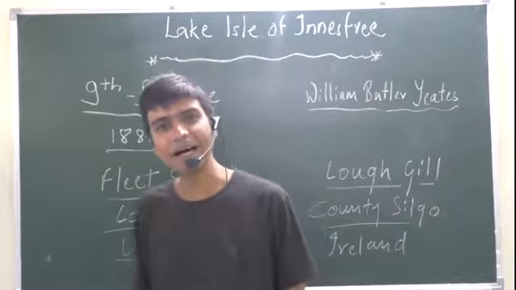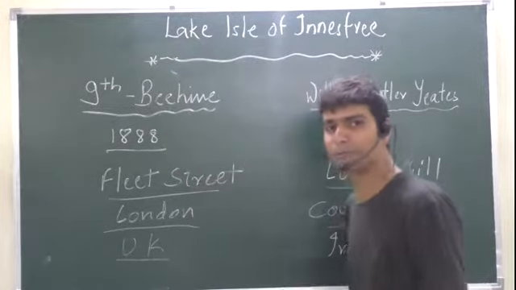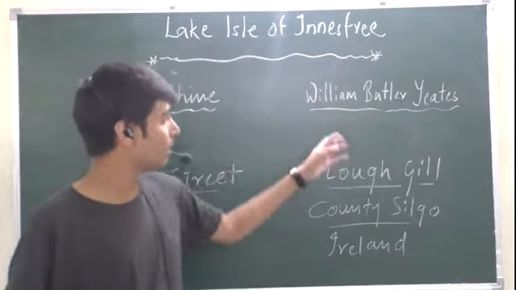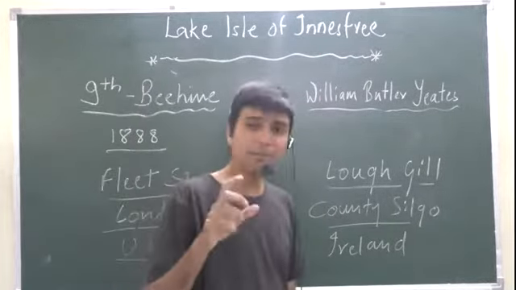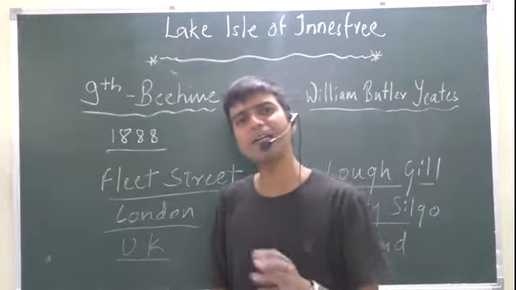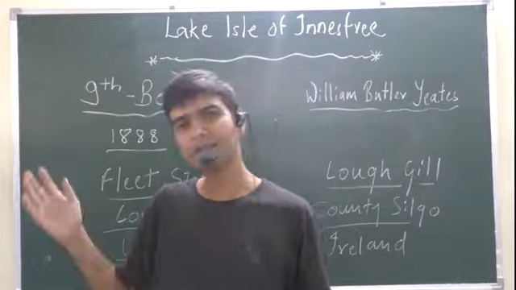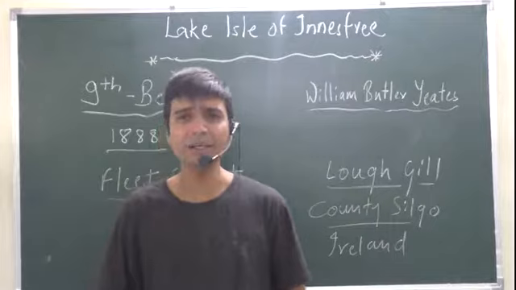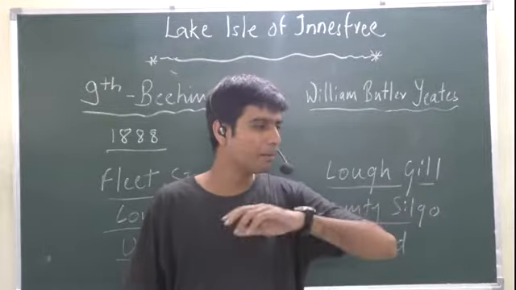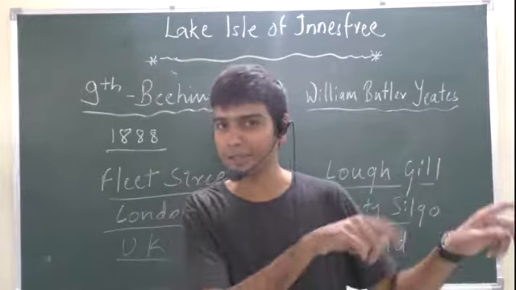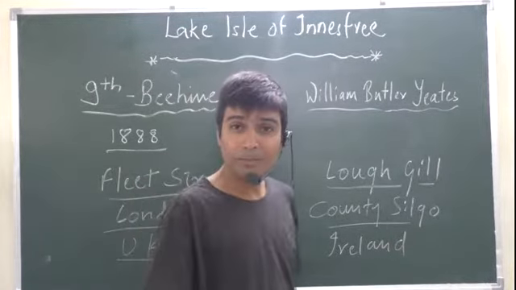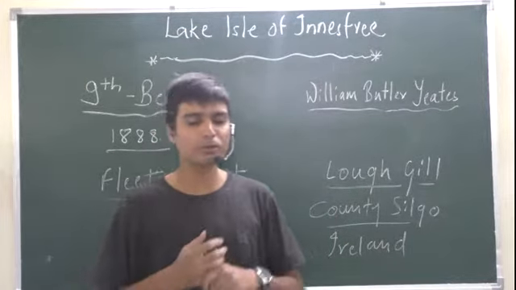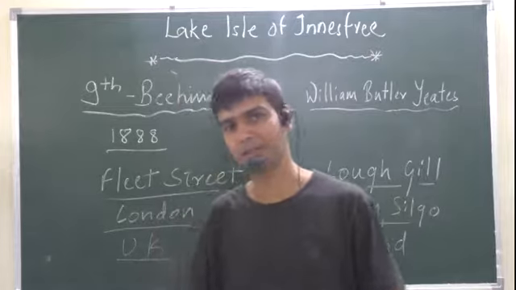In the series today, I'll be explaining the 9th standard Beehive book's poem, The Lake Isle of Innisfree, written by William Butler Yeats. William Butler Yeats was basically an Irishman staying in the United Kingdom. As we know, Ireland's counties and islands are places with lush green pastures, beautiful Irish colleens, by the way, Irish colleens are Irish girls, dams, chocolate factories, confectioneries, and one is overwhelmed by nature's beauty, my friends.